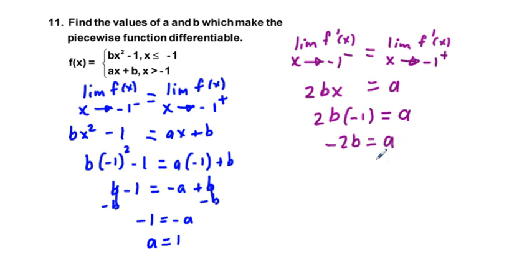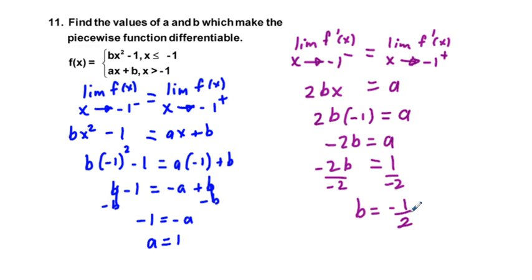Well, we already know a equals 1, so we can substitute in 1 for a. So we have negative 2b equals 1, and dividing by negative 2, we have b equals negative 1/2.